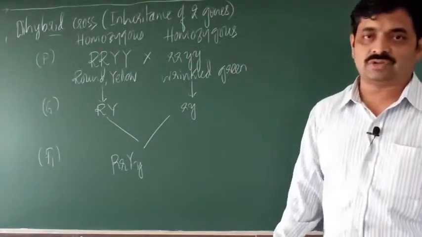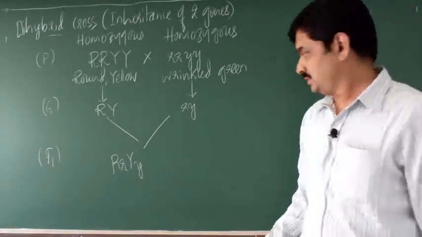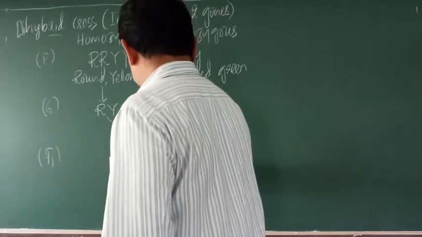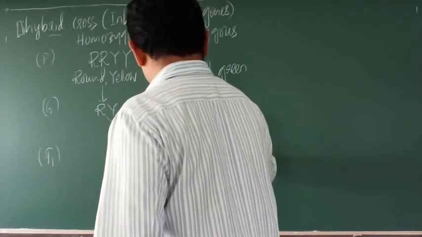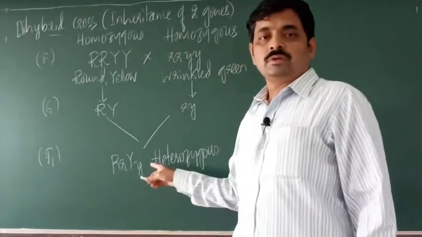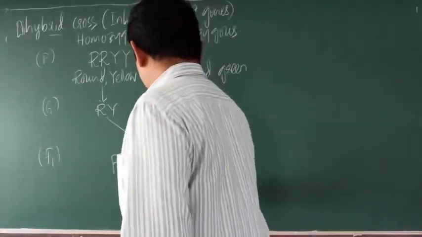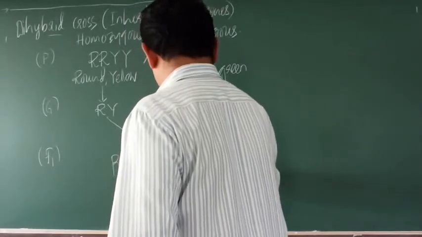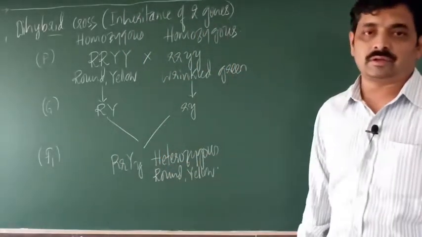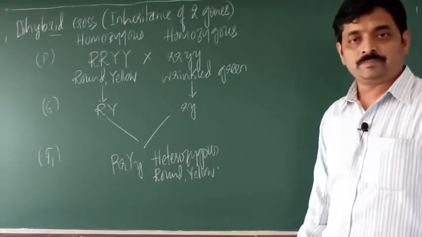This is the genotype of the F1 generation. This is heterozygous, this is heterozygous. The phenotype is round yellow. So this offspring is a hybrid.